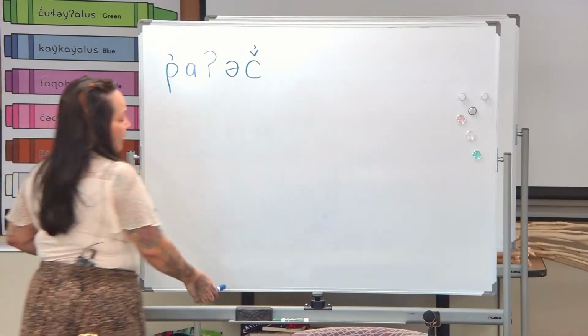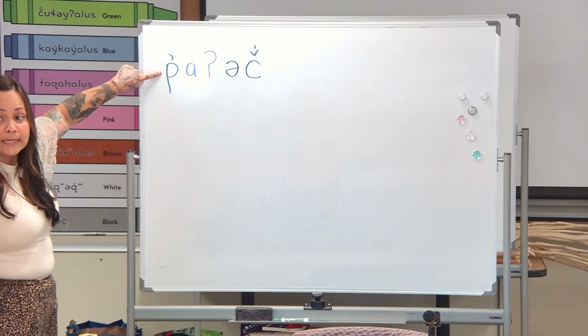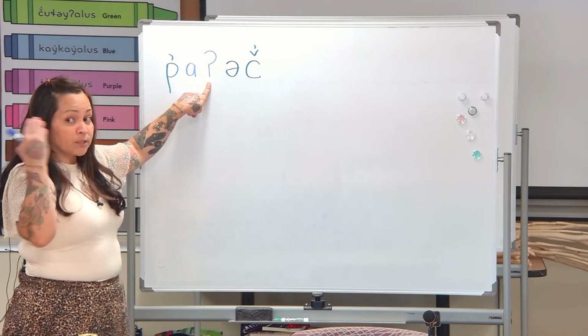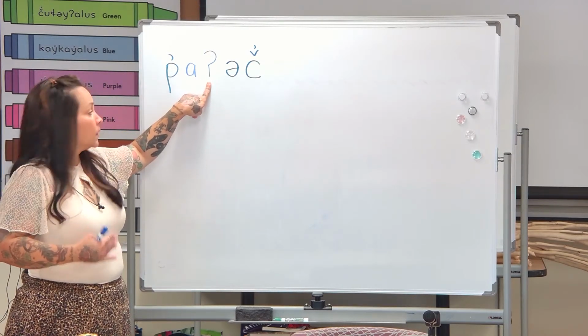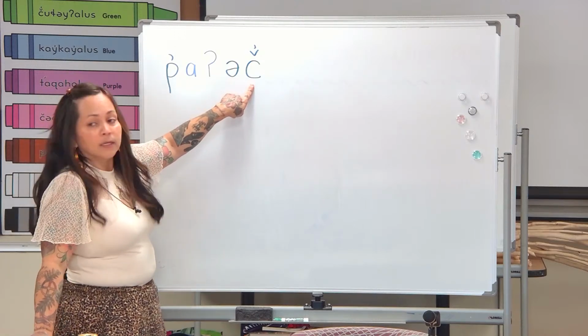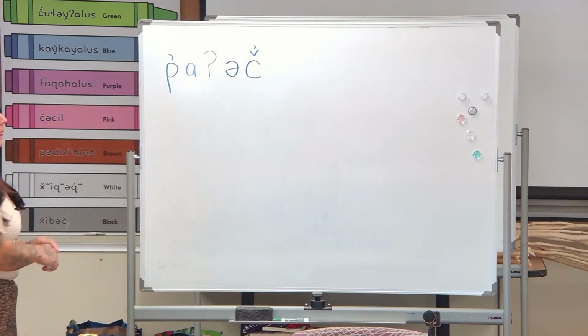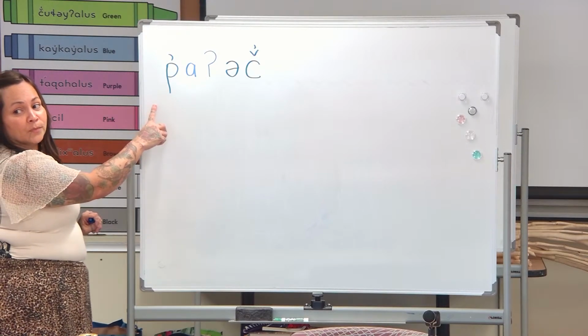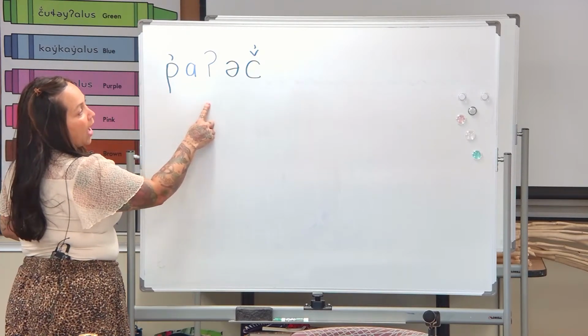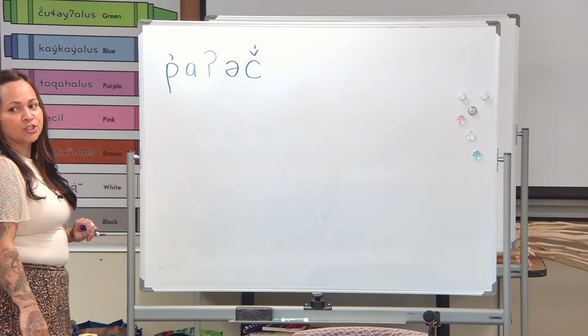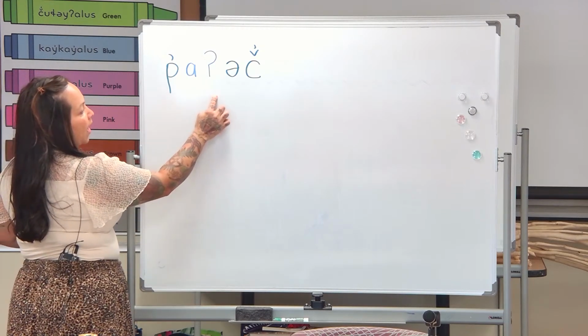So we notice that we have a glottalized P. We have a glottal stop, which is going to be a pause. And then what sound does this make? Okay. So this word, here's our stop.